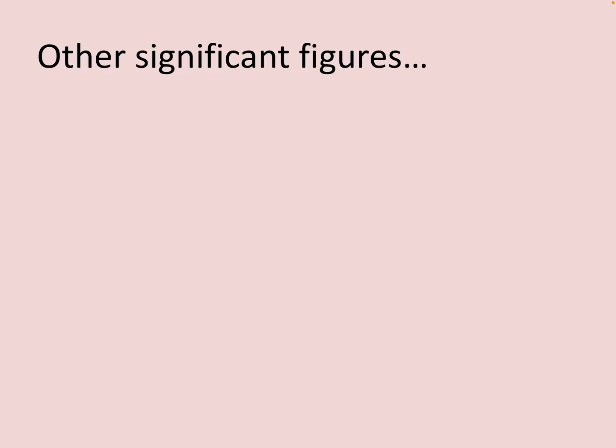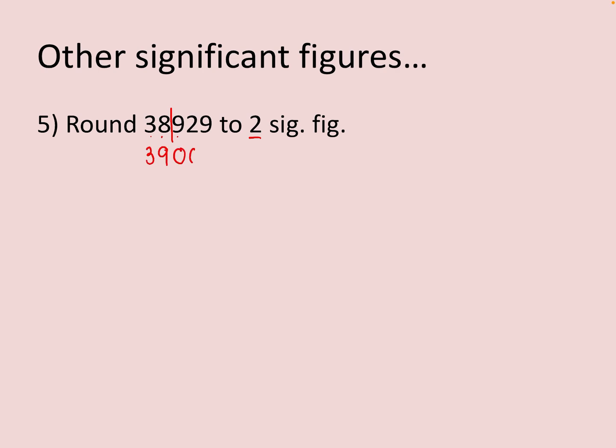We also need to be able to round these to other significant figures, so maybe 2, maybe 3. If we just take a few more here, number 5, this time we're asked to do two significant figures, so that means that I want the first two numbers, and then the rest are going to turn into zeros. So in this case, the 9 will make the 8 round up, so this will be 39,000 as my answer.